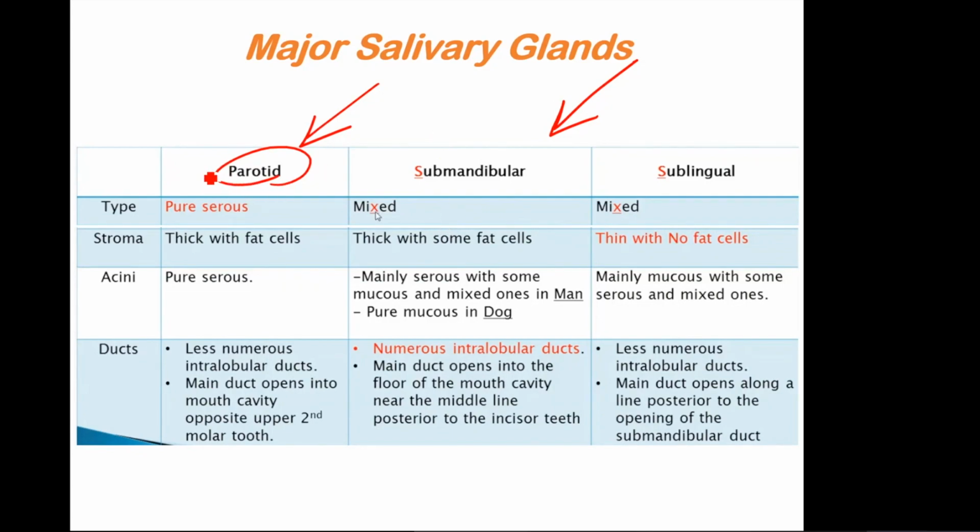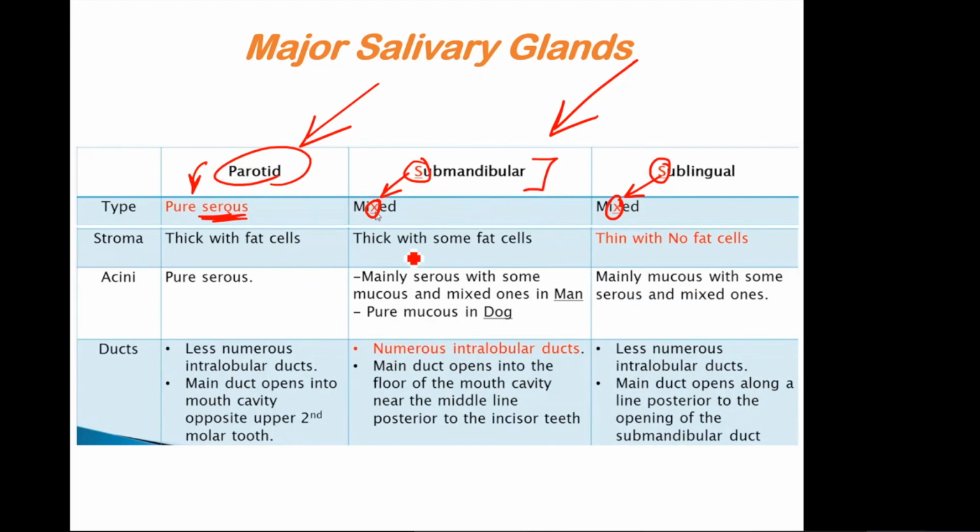The parotid gland, from the end, is completely, purely serous. Mainly serous acinus there. But the submandibular and the sublingual gland as well are mixed. So remember, sub-mixed, and sublingual also mixed. But mixed to which extent?